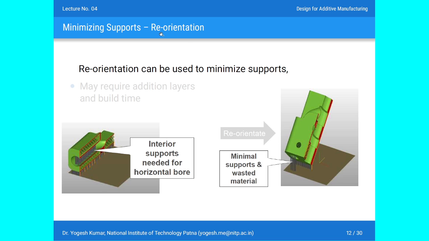How do you minimize the support needed in additive manufacturing? You can reorient the part. Initially you required support in this total bore length. You needed a support structure for this portion, but if you reorient this part like this, you can see the overhang angle over this total length is decreased, so no support will be needed over the length of this hole.